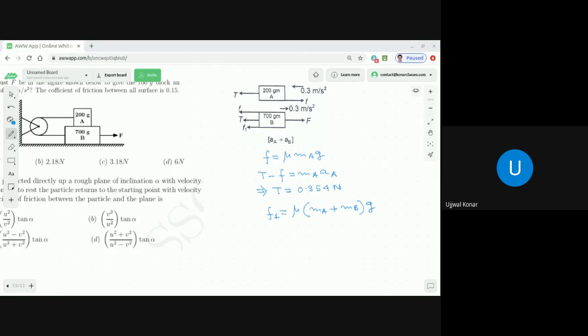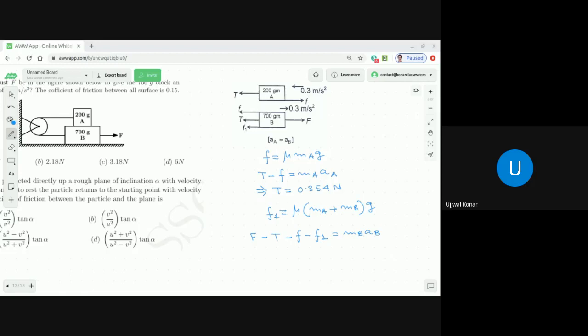Now, finally, what we can conclude by looking at all these things is that capital F minus capital T, minus F, minus F1, should be equal to MA into A, that is equal to MB into AB, sorry, MB into AB, isn't it?